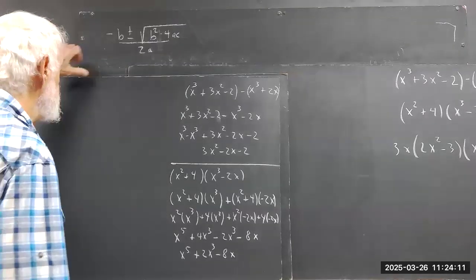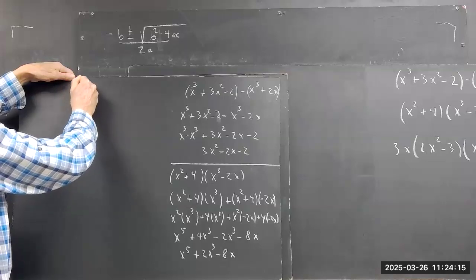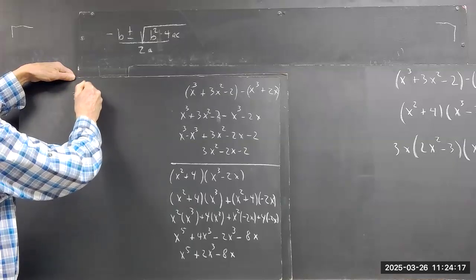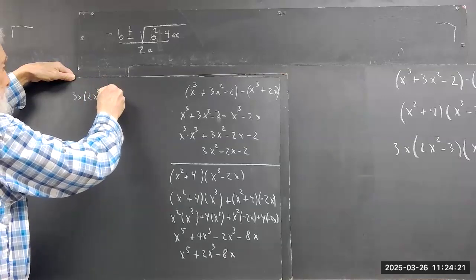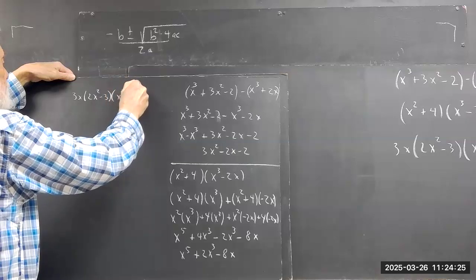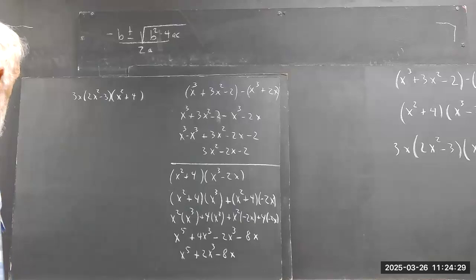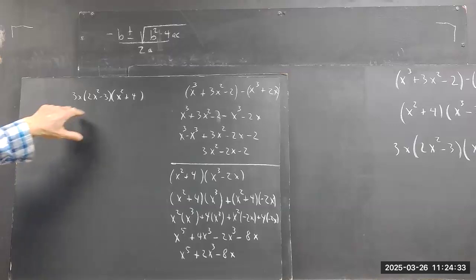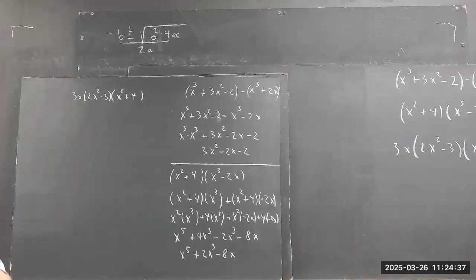Now we have 3x multiplied by 2x squared minus 3, multiplied by x squared plus 4. Okay. Two ways you can do this. Now, you have three things multiplied together and you can only multiply two things at once.